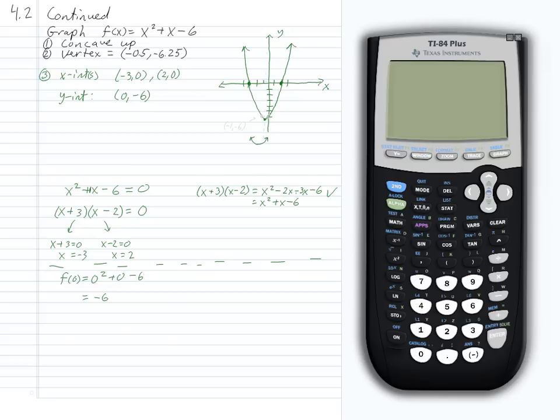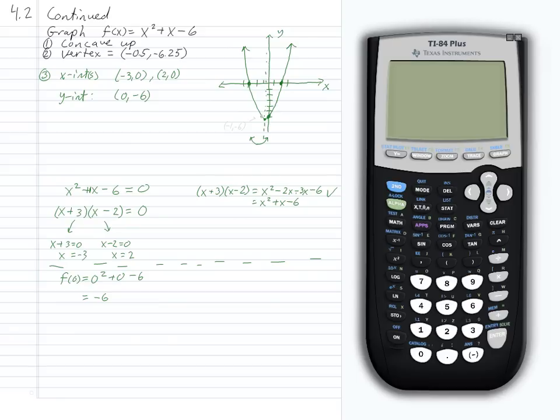Now, one nice feature of these graphs is their symmetry. If I know that the axis of symmetry passes through the vertex, I can plot that. And then this point, (0, negative 6), is half a unit to the right of the vertex, to the right of the axis of symmetry.